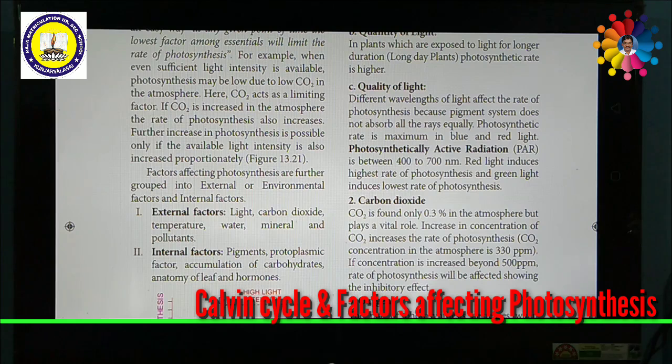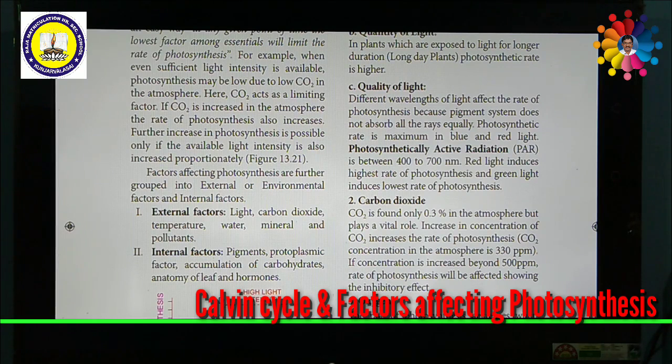But beyond 500 parts per million of carbon dioxide, the rate of photosynthesis will be unaffected, that means it remains constant. Then availability of oxygen. The rate of photosynthesis decreases when there is an increase in oxygen concentration. This inhibitory effect of oxygen was first discovered by Warburg using the green alga Chlorella.